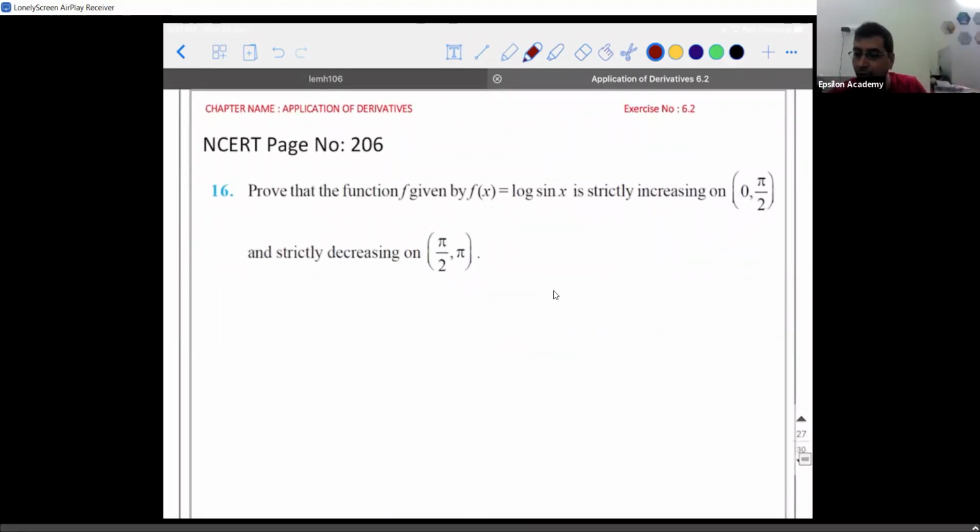Can you try the 16th one? Prove that the function f given by f of x is equal to log of sin x is strictly increasing on 0 to pi by 2 and strictly decreasing on pi by 2 to pi. Try this, no?